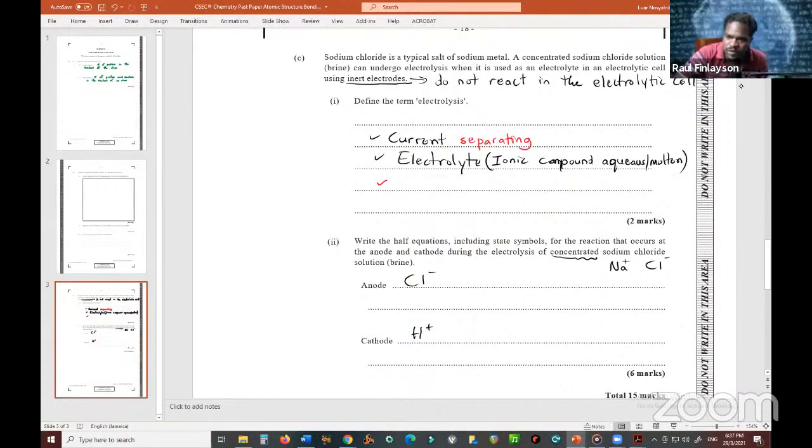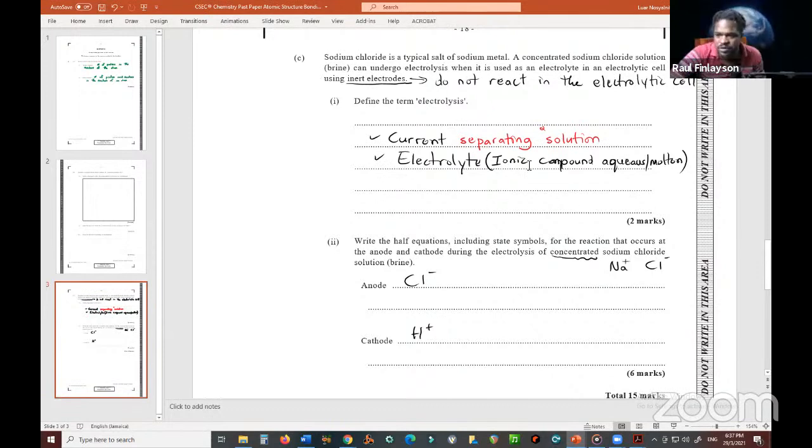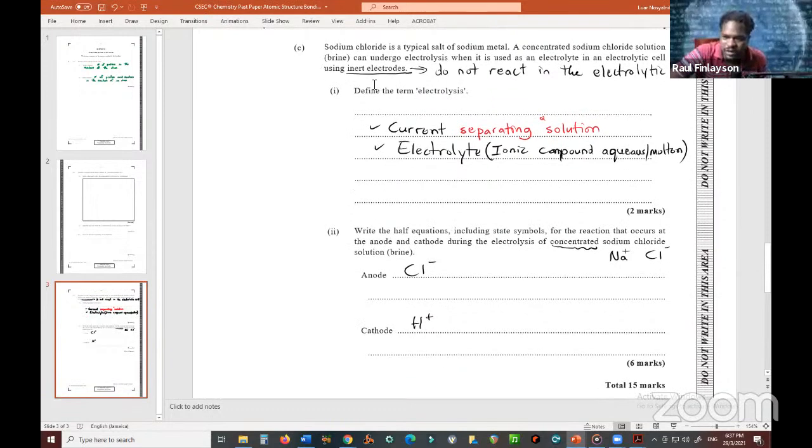Current separating a solution. You have to mention that, and also have to mention that the substance in there is an electrolyte. All right, so that's the definition for electrolysis, guys: current passing through the electrolyte, separating it.